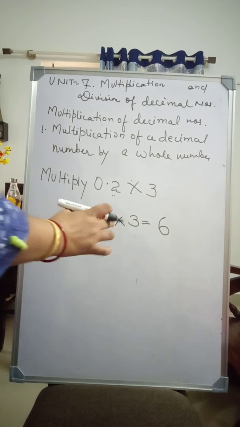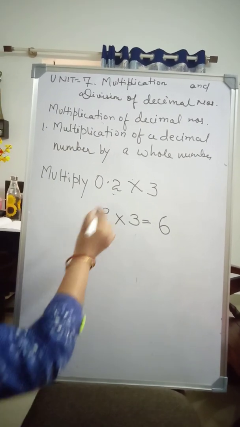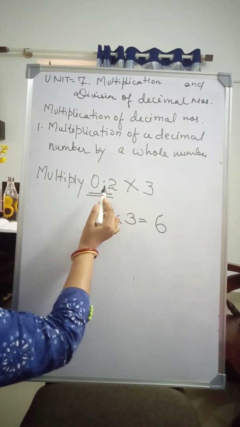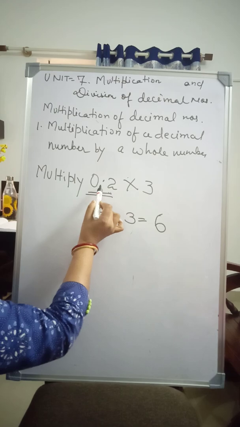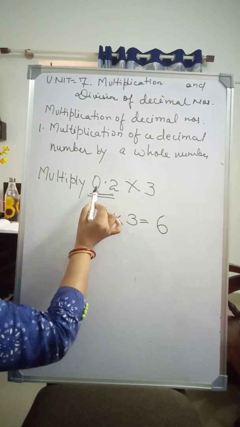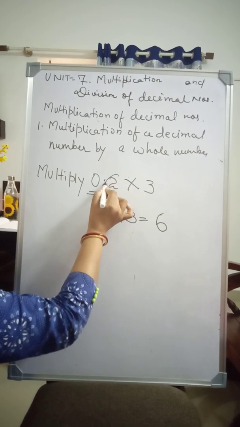Right? Now, second step. How many decimal places are there in 0.2? The number of decimal places in 0.2 is only 1. All of you see.